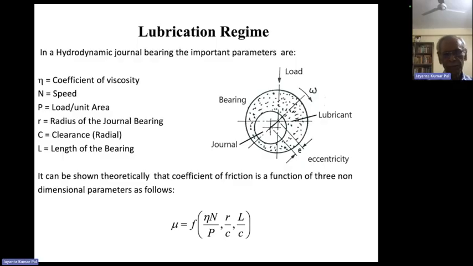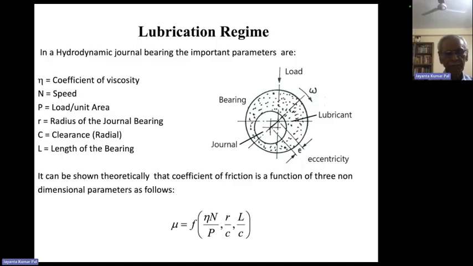Now, it has been shown earlier that the coefficient of friction is a function of three non-dimensional parameters: eta N by p, r by c, and L by c.